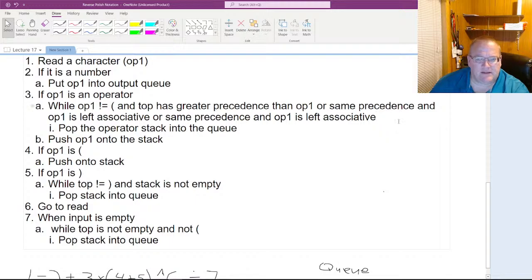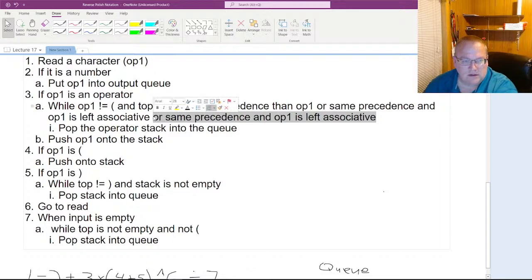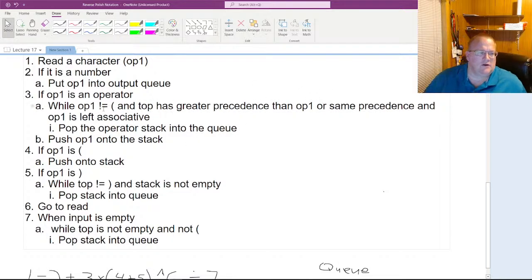Somehow I deleted it. Oh, no, I've got it there. Okay. So op1 is not equal to this, so that's good. Top doesn't have a value, so we can't have that problem. And we also can't have the same precedence. It's not possible, right? So we're going to skip over this, go down here, and just push it on the stack.